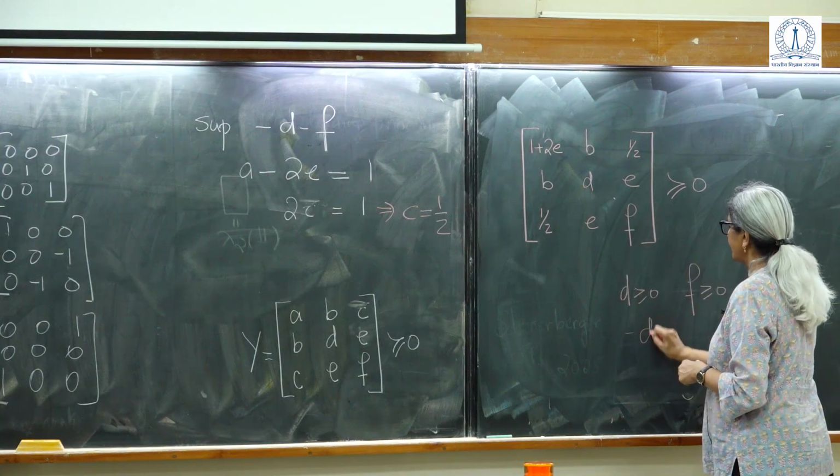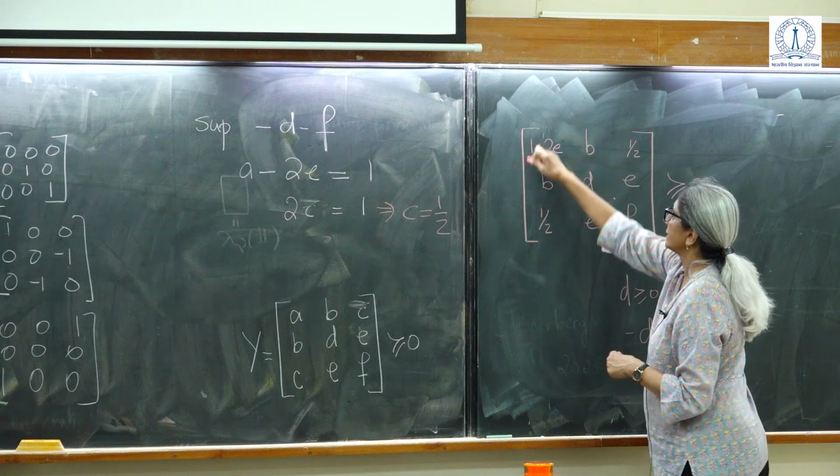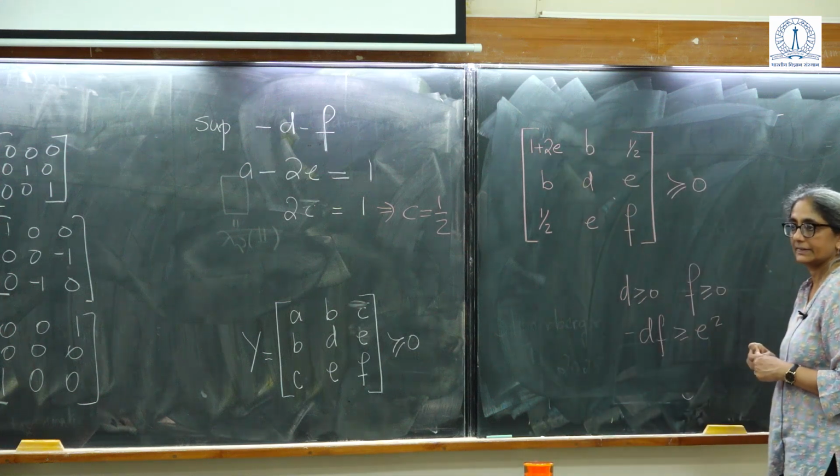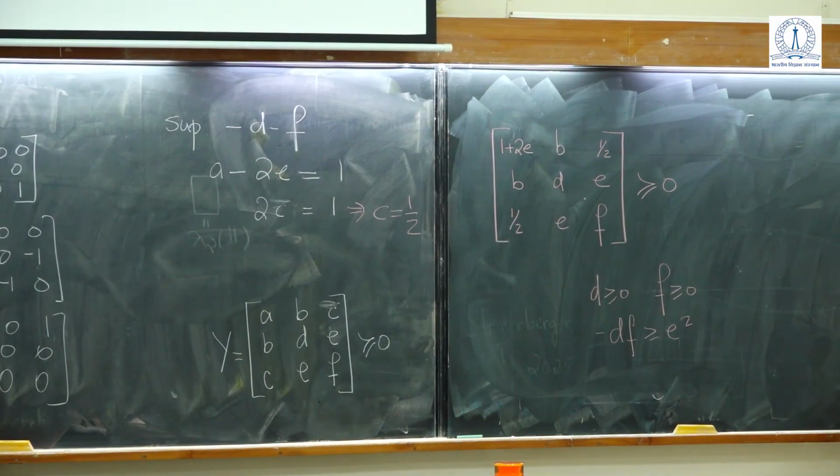For example, DF is greater than or equal to E squared. And then there's more conditions coming from here. And 1 plus 2E is greater than or equal to 0, so E is greater than or equal to minus half. So it's not exactly linear.